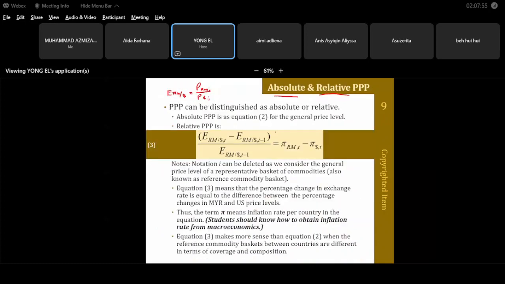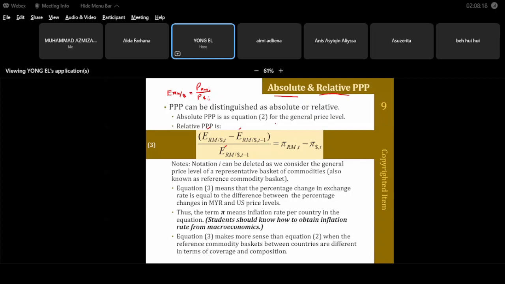Alternatively, we have relative PPP. The relative PPP looks at the percentage change in the exchange rate: the current exchange rate minus the previous exchange rate, divided by the previous exchange rate. T minus 1 can be any period.